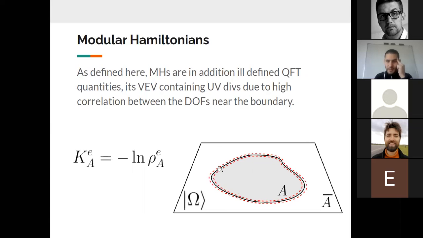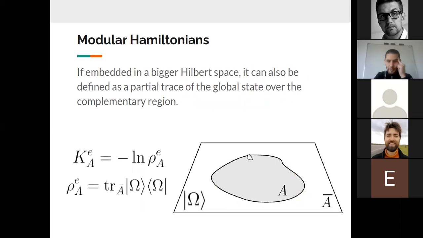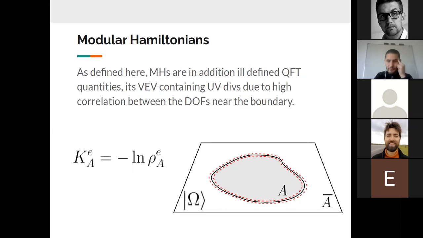This has to do with the fact that when you cut and trace over the other degrees of freedom, there's high entanglement between these degrees of freedom, and this will be very badly divergent. So very few pieces are universal, and you do not simply compute and get a number. You have to do some fine-grained study of whether there are universal quantities or not.